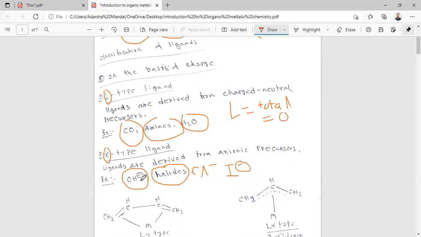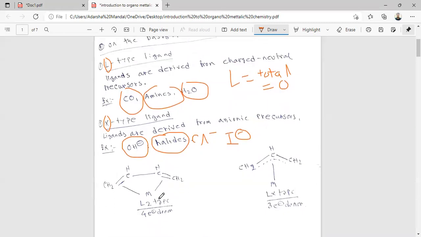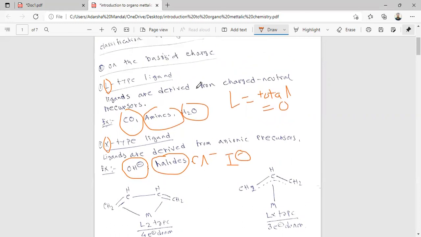These ligands have one negative charge, on hydroxide, iodide or chloride. So the X-type ligand has an overall negative charge on the molecule. So these are the two types of ligand, L and X, on the basis of charge.